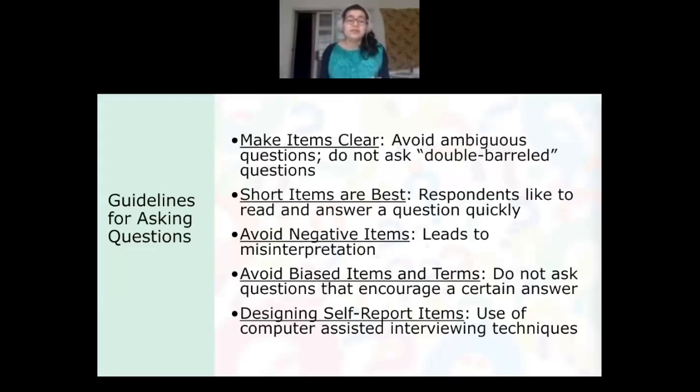And it's really important to make items clear. So you have to avoid ambiguous wording, even the way you word things. Sometimes people interpret things differently. If you're putting qualifiers in your question, like, is it okay to put suspects in jail versus is it okay to put people who have not yet been convicted in jail?